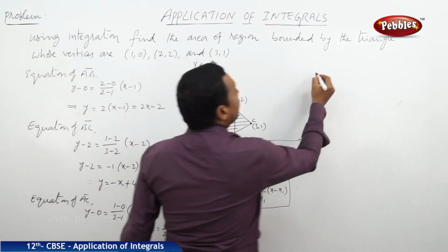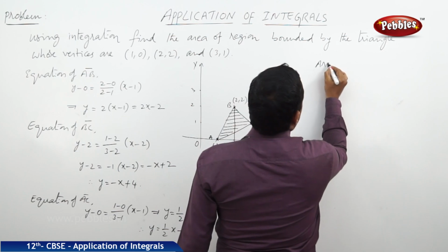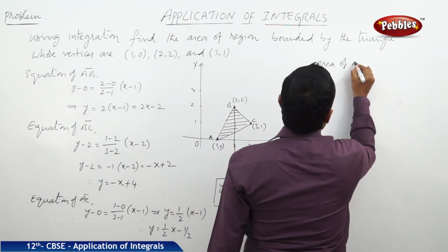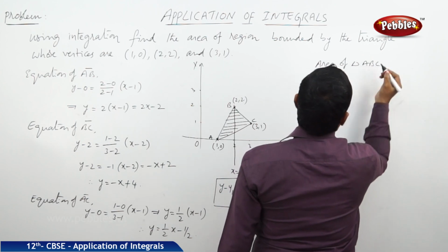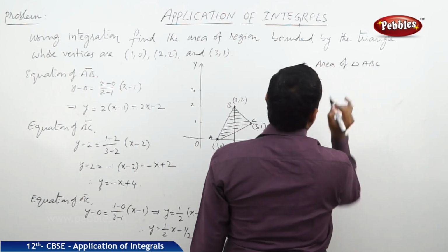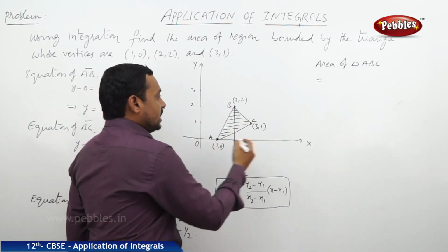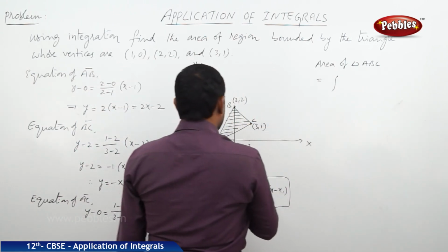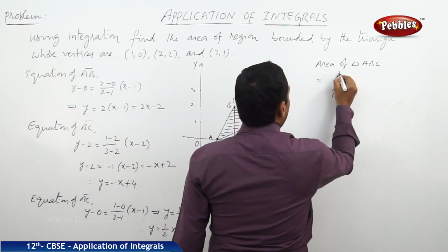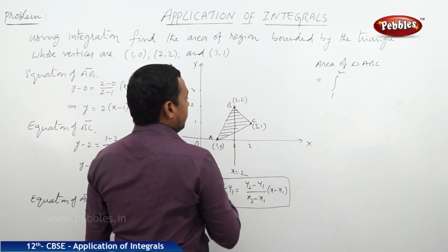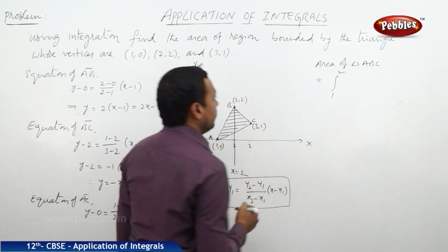Right, now the area of triangle ABC is equal to, now you just integrate between 1 to 2 the straight line AB.